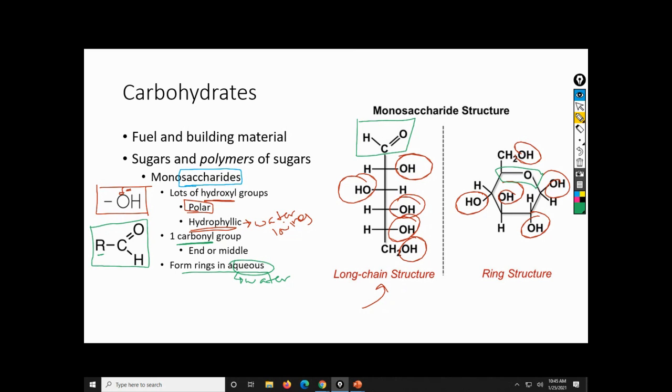Okay, so we have two tools in our toolbox now. Okay, and this is a lot of terms, so we really want to practice this, right? So we now have monosaccharide, hydroxyl, and carbonyl.